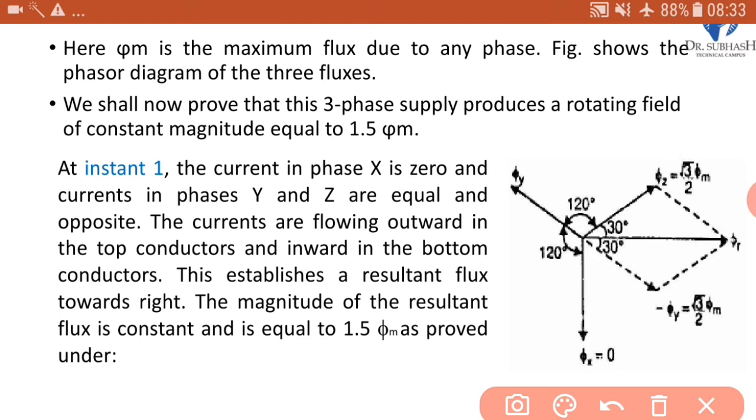Here phi m is the maximum flux due to any phase. The figure shows the phasor diagram of the three fluxes: phi x, phi y and phi z.